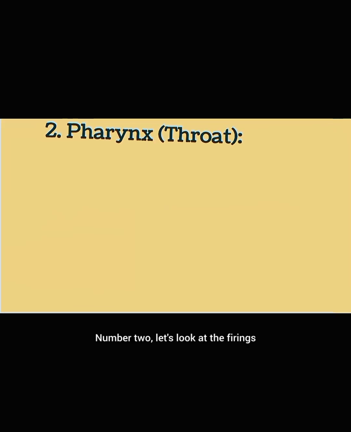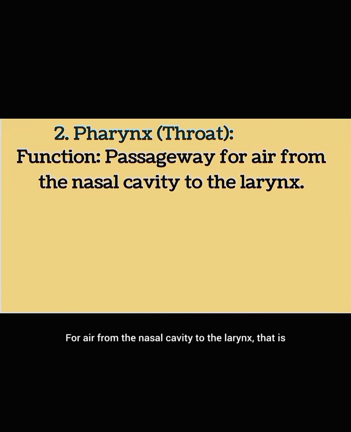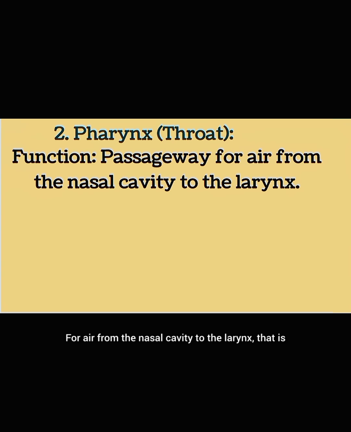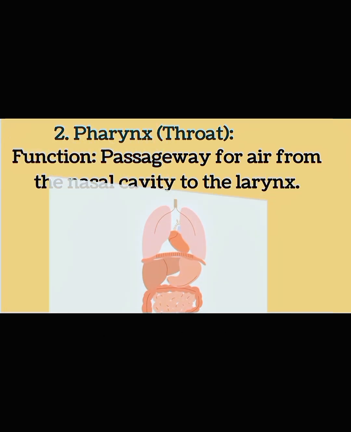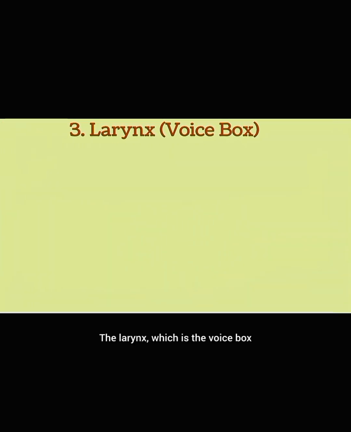Number 2, let's look at the pharynx, also known as the throat. It is a pathway, a passage for air from the nasal cavity to the larynx. The throat is just like a passage that allows the air to pass from the nose to the larynx. Then number 3, the larynx, which is our voice box.